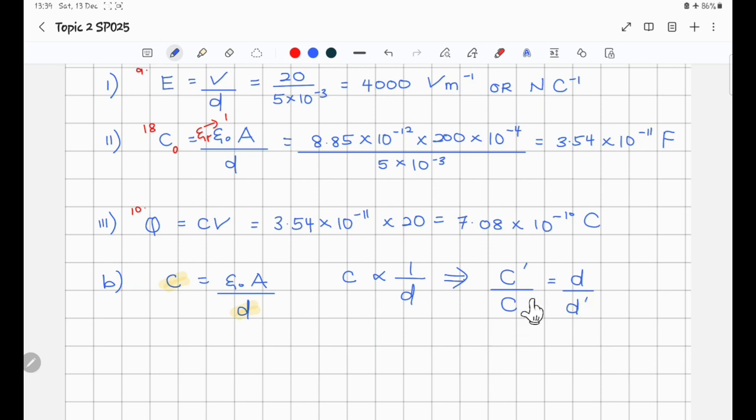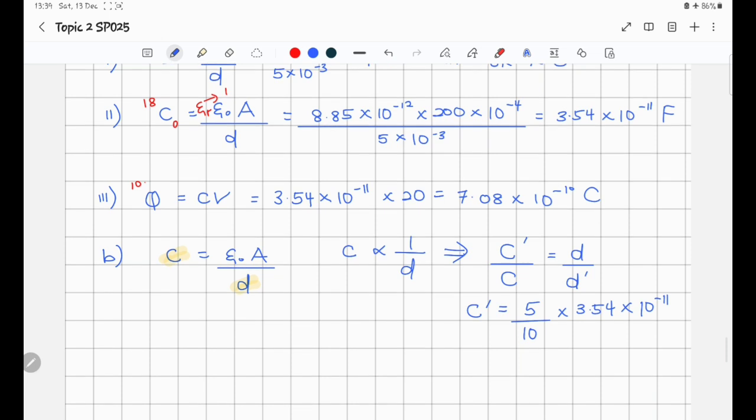Since we have calculated the capacitance when the initial d was applied, and then we change the distance d, we can directly use this method. So 5 mm divided by 10 mm multiplied by the original capacitance. In other words, it has reduced to half. So here is the answer.